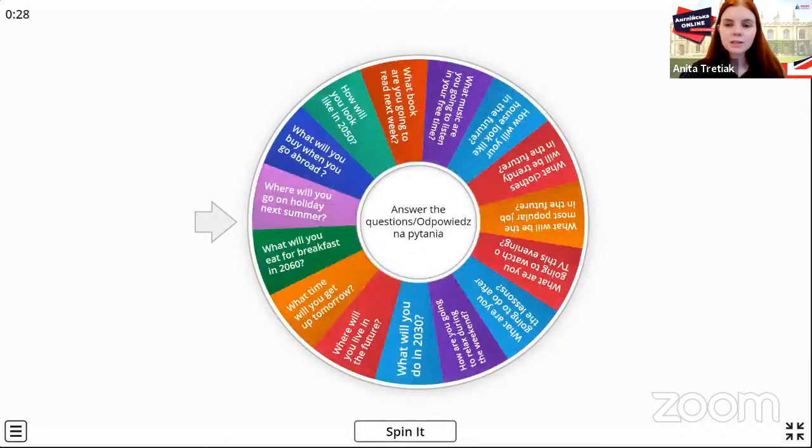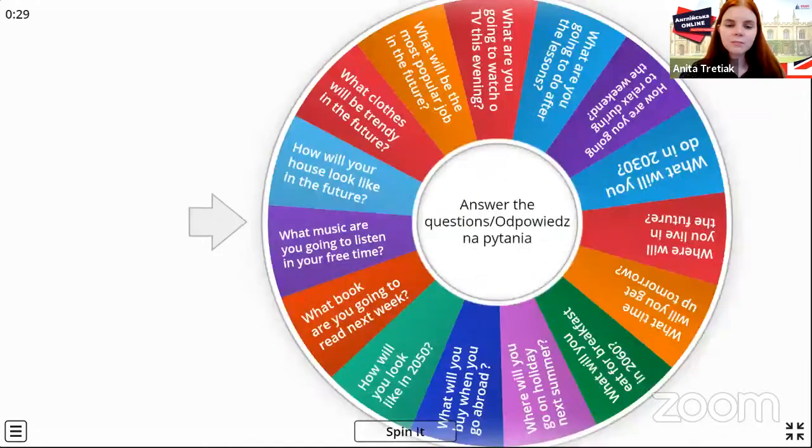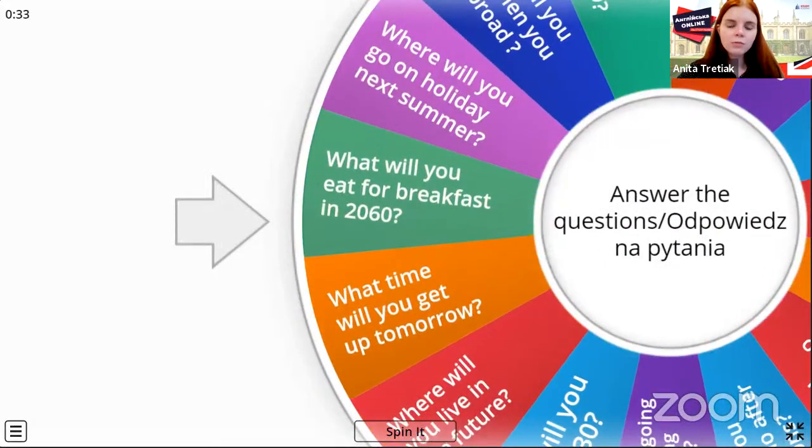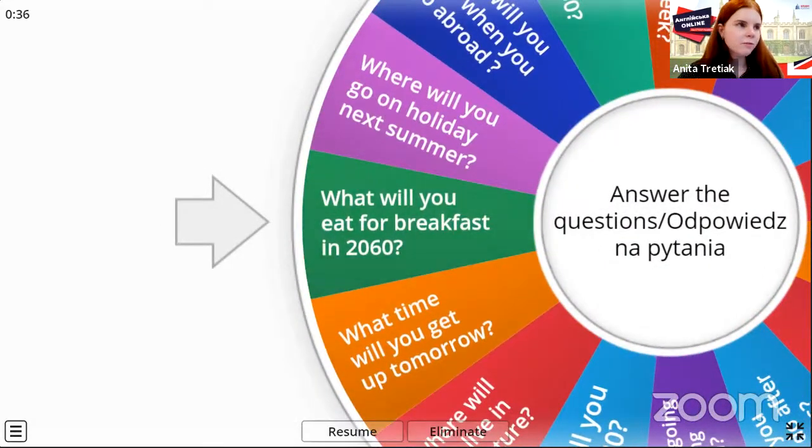So let's start with the first one. Oh my God. What will you eat for breakfast in 2060? Well, I hope that I'm gonna eat at least anything in 2060.